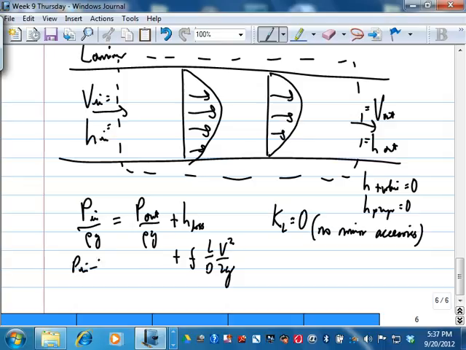P in minus P out on rho g is equal to this one, because no minor losses also. So the equation up there simplifies to this one. Let's try to work out what F is for the laminar case. Okay. Any questions?